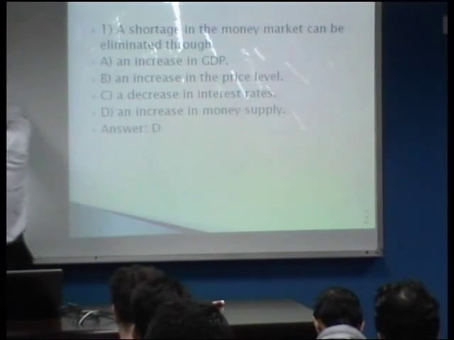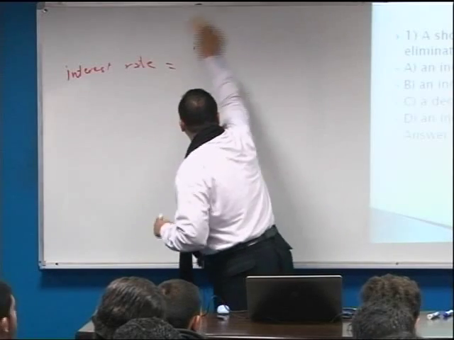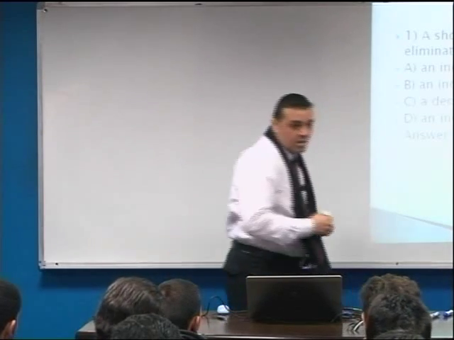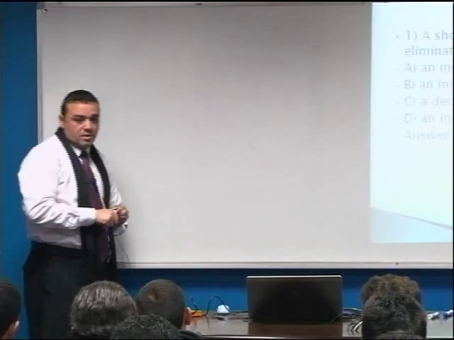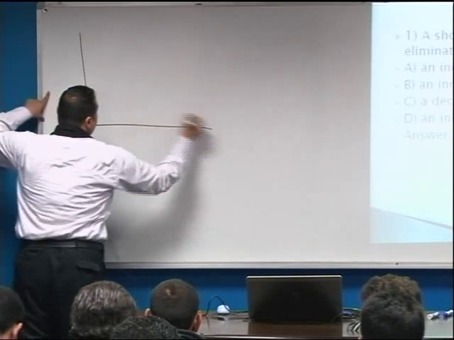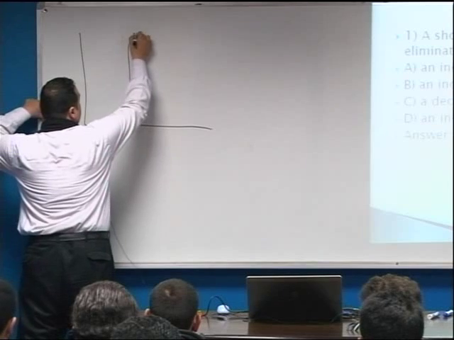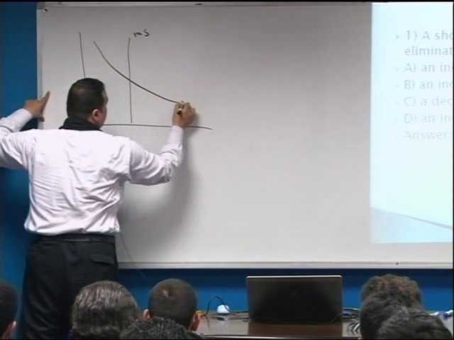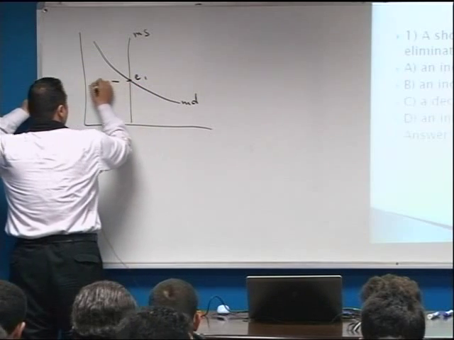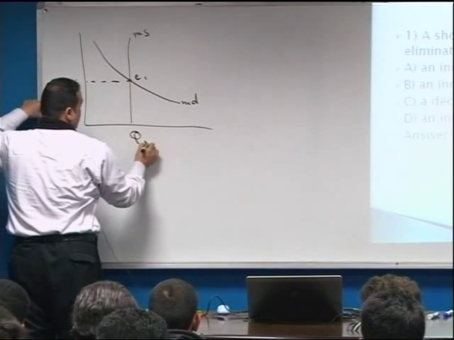Here, as you see, the shortage in the money market can be eliminated by what? Let's go to the equilibrium in the money market. In the money market, the equilibrium occurs when money supply intersects the money demand curve. And this is E1, R1, QM1.